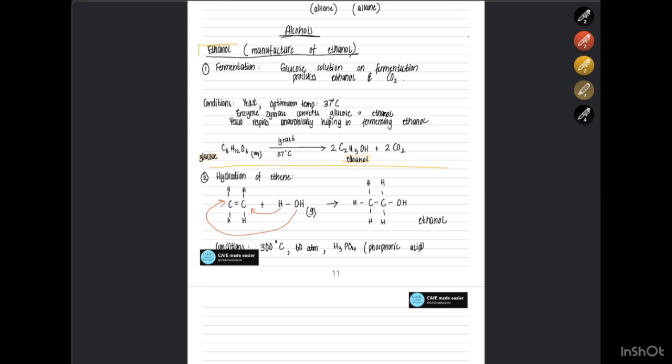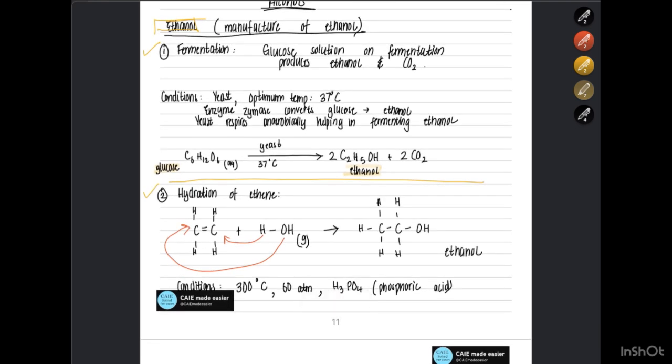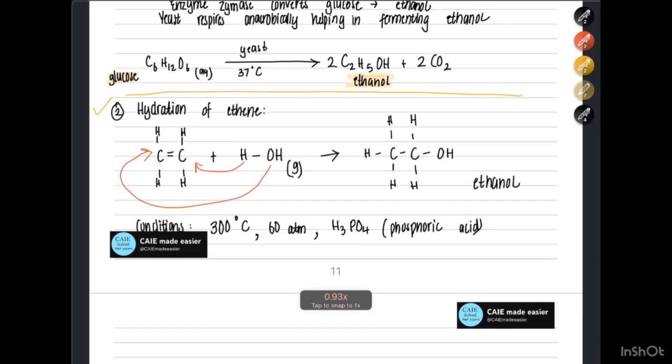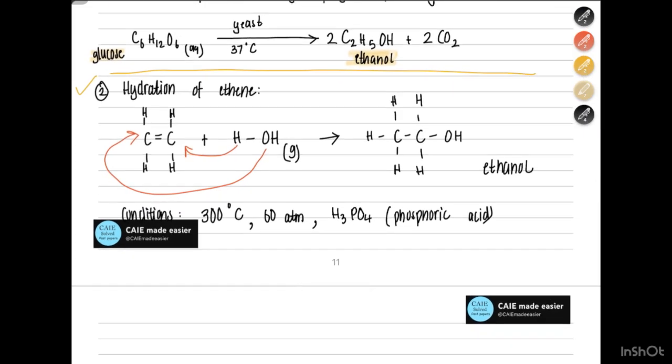So to sum up, if you want to produce ethanol, there are 2 ways, which is fermentation and hydration of ethene. In fermentation, basically, glucose is fermented into ethanol and carbon dioxide in presence of yeast at the optimum temperature of 37 degrees Celsius. The equation is this: C6H12O6 in presence of yeast and 37 degrees Celsius, you get 2 molecules of ethanol and 2 molecules of carbon dioxide. The other equation is that ethene is hydrated into ethanol.